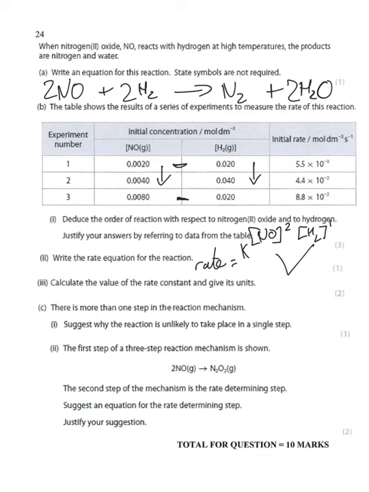The second step of the mechanism is the rate determining step. So suggest an idea for the rate equation. Well, at the start you've got 2 NOs, so it's quite likely that those 2 NOs are going to give you N2O2. Then you can react that with hydrogen, it's told us here. So that's the first step.